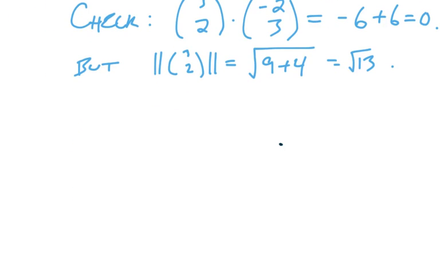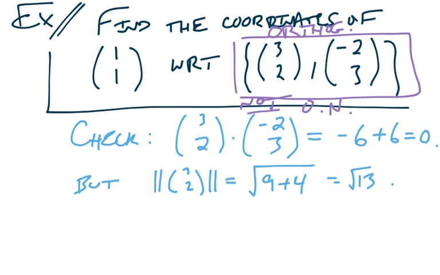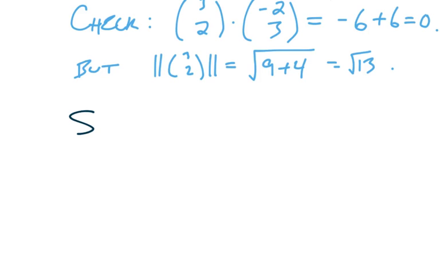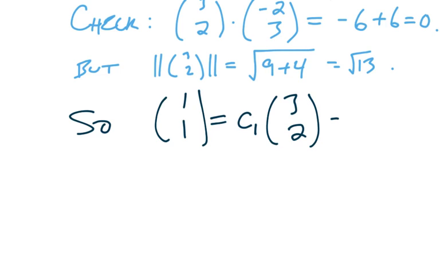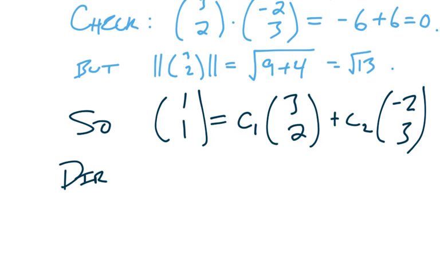What this means is that if we want to figure out the coordinates of (1, 1) in terms of (3, 2) and (-2, 3), well, let's just look at what it would look like if we tried this directly, just naively diving in and seeing what would happen.